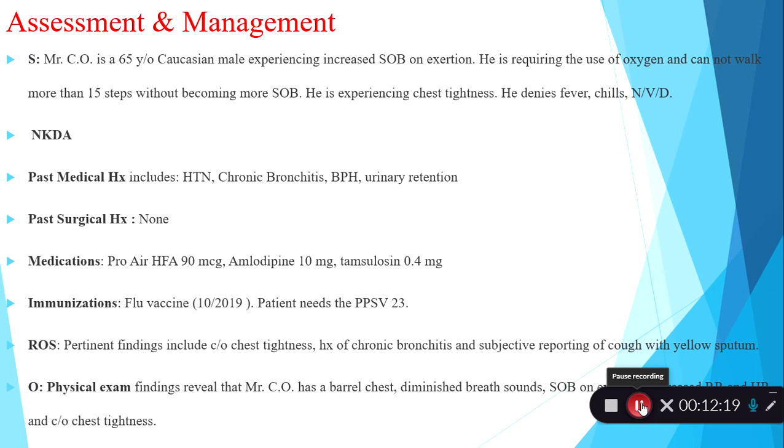He occasionally drinks sodas, but primarily drinks water. His exercise regimen of walking has been reduced due to his reduced lung reserve and feelings of shortness of breath.